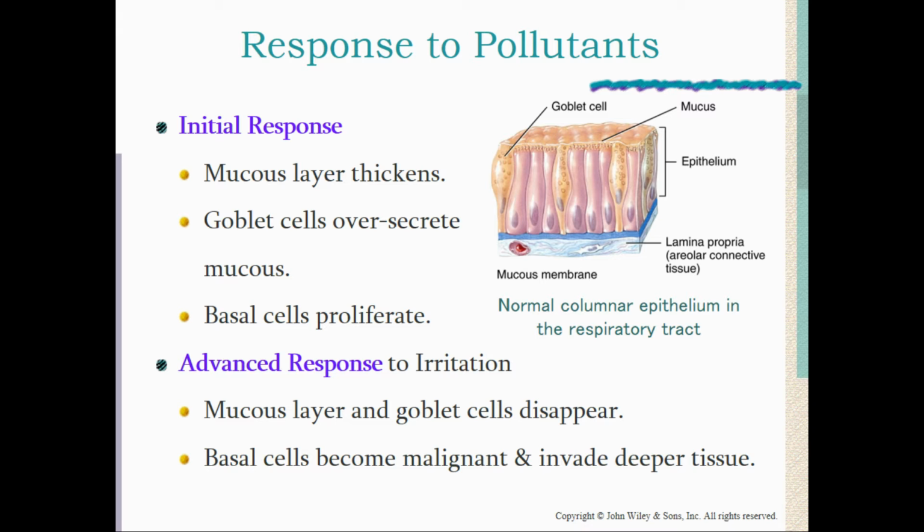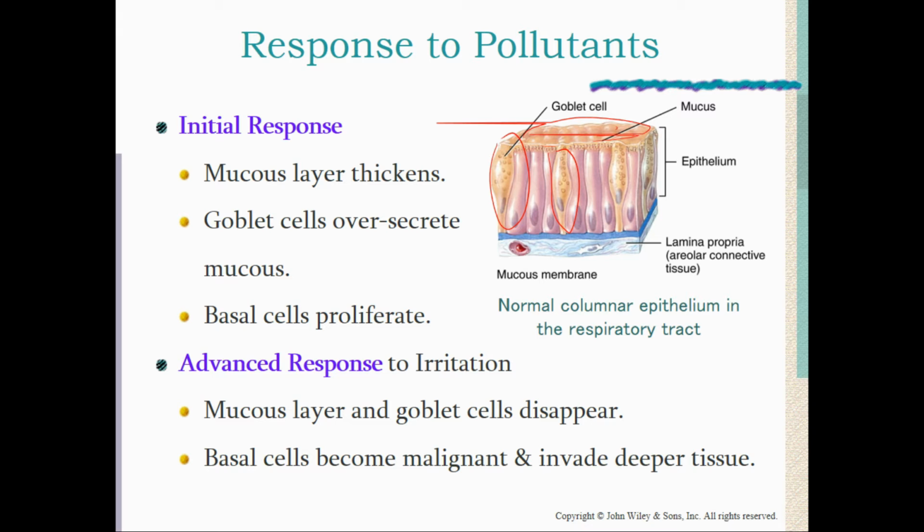The goblet cells produce mucus, as you can see here. Goblet cell there, goblet cell there. They produce mucus. The mucus then lies on the surface of the epidermal tissue, and it maintains a protective barrier.